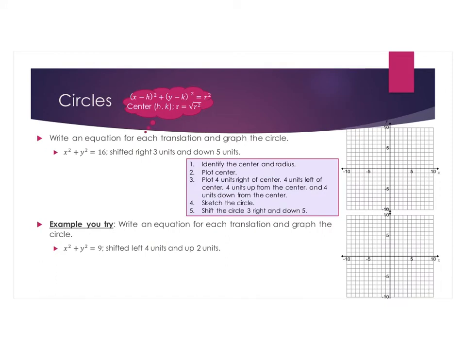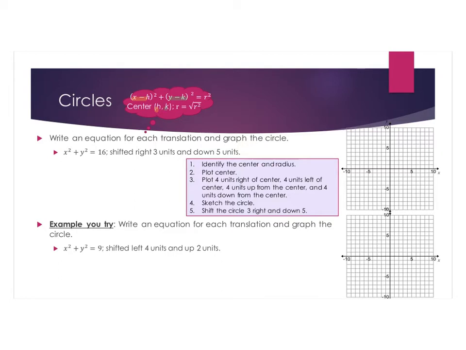Now we're going to write an equation for each translation and then graph the circle. So the first thing we have is our parent circle, x squared plus y squared equals 16. It is shifted right 3 and down 5. Now remember with circles, it's kind of like with other types of graphs where you notice that the h inside with x is the opposite sign, and so this time the k is as well.